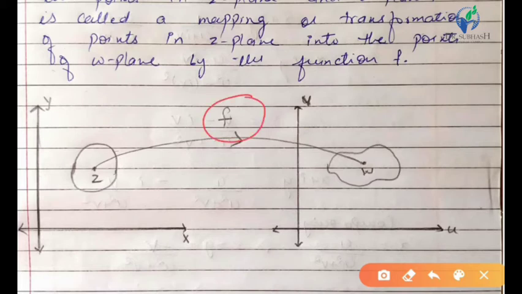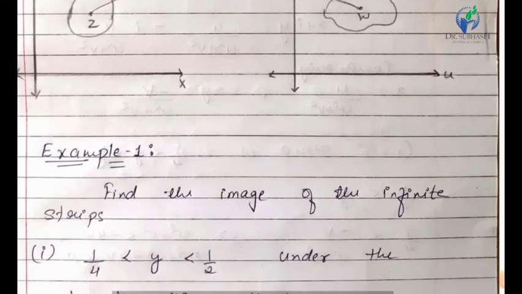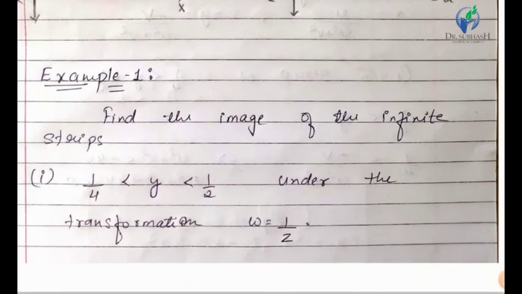Applying the function, we will transform it into u and v plane, that is w plane. Now we will see with some examples how to convert the given data from z plane to w plane.